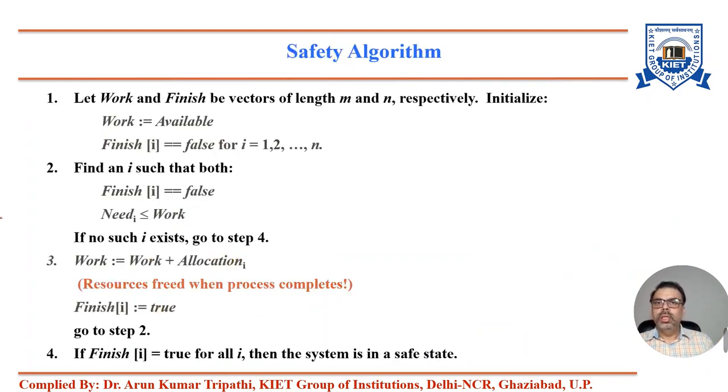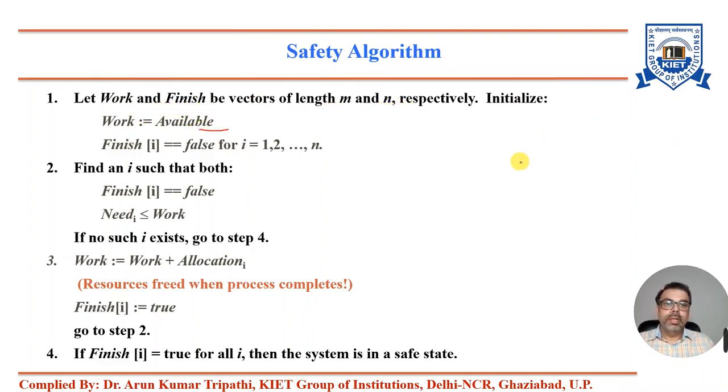Now, once the resource allocation has been checked, I will check whether the system is in a safe state or not. For checking that, initially Work and Finish vectors of length m and n are taken.